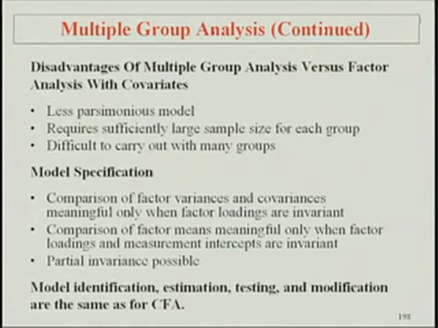The disadvantages: it's a less parsimonious model, although by being less parsimonious, there are more parameters you can look at. And one problem is that you do have to have a sufficiently large sample for each group. The sample size for each group can't be added up over groups so that you say, oh, I have 1,000 overall.